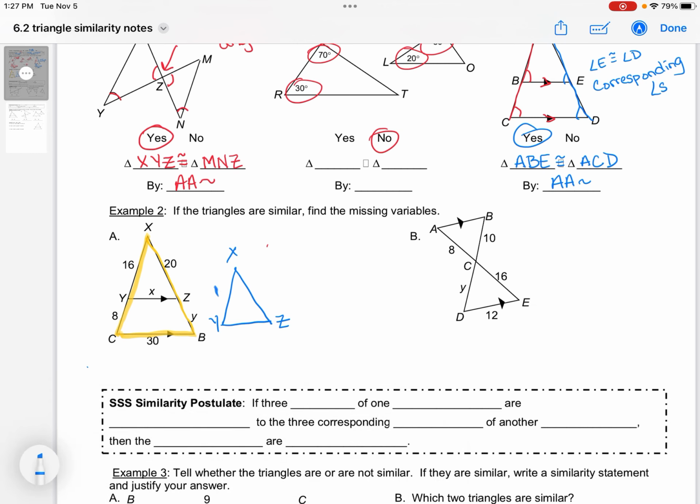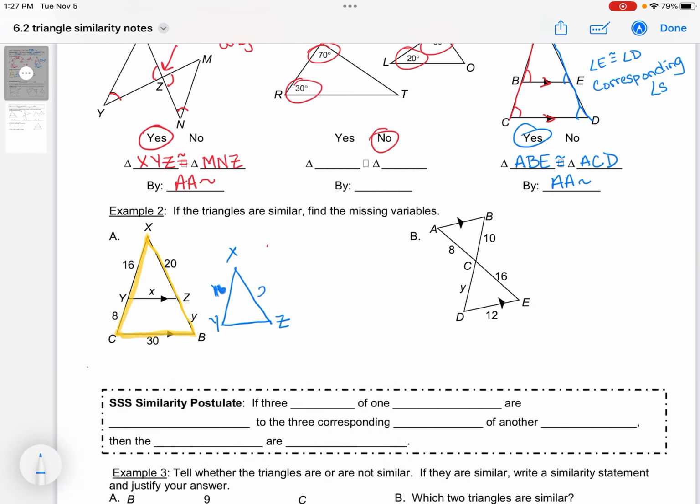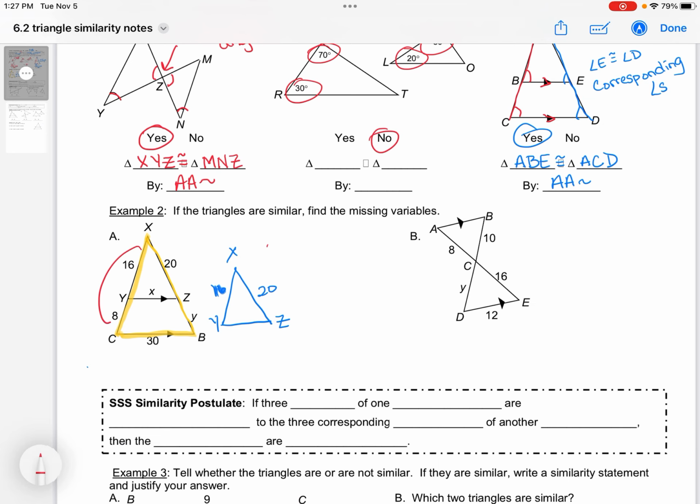Okay, so this side is 16, and this side is 20. So we know this side altogether is 24. We don't know this side altogether because there's a Y, but we know that this is also X right here.